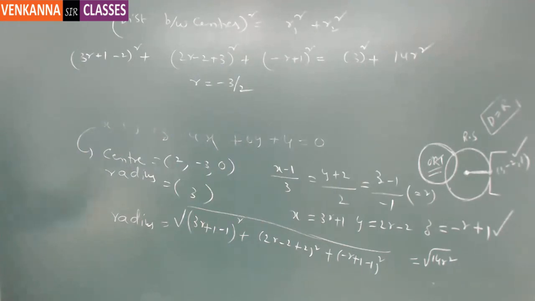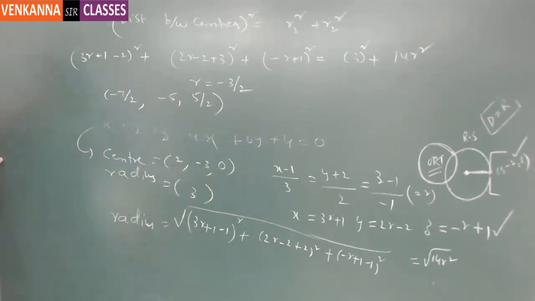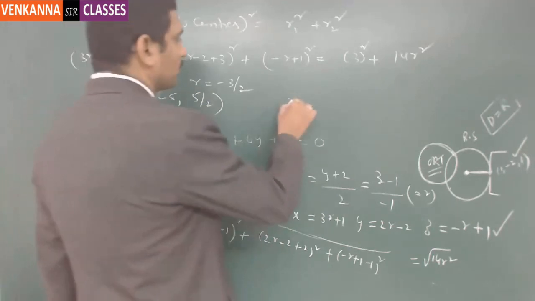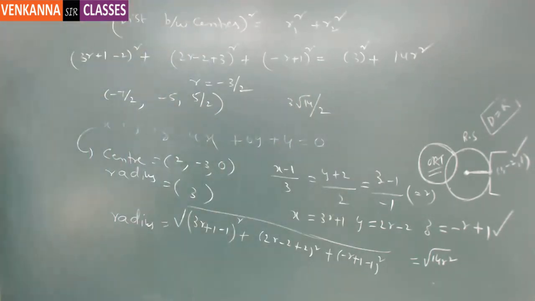Substituting r value, you will get the center as the point (minus 7 by 2, minus 5 by 2, ...), and radius is nothing but 3 root 14 by 2.